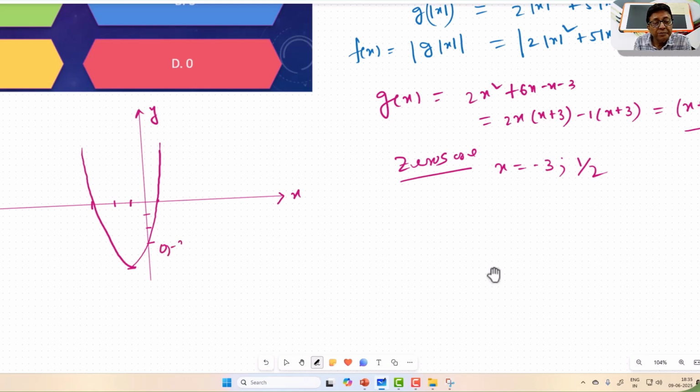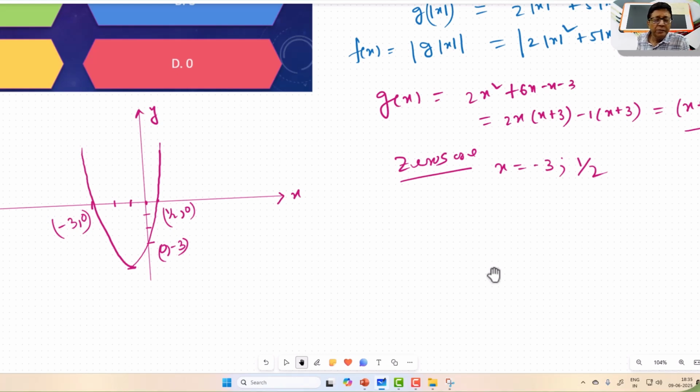This is 0, minus 3. Without much effort, we got the rough sketch. No one will see your graph. They will see your calculation only.